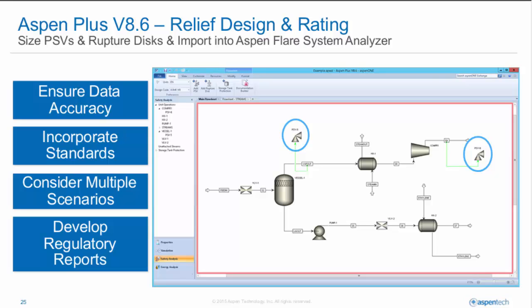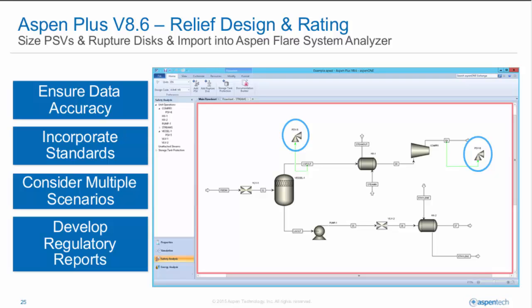So again, this is in a separate environment where you have a static version of the flow sheet. And in this version, you can add valves to protect the various equipment. Once you've added the valves, you can use the scenarios built into the software to size those valves to find the required size under different conditions.